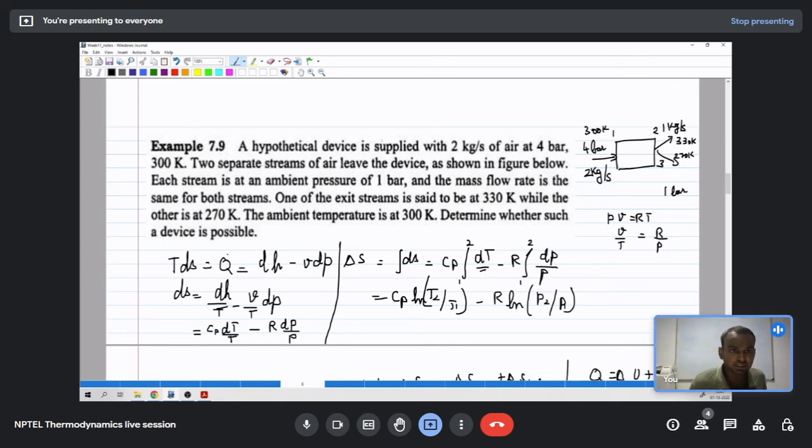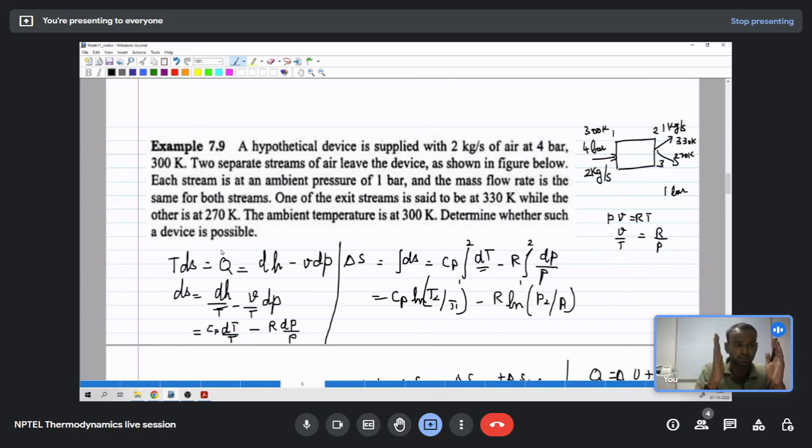Yes. So when there is a flow process, so here the system has a flow of air, right? So whenever there is a flow of air, we will take a control volume. So this system, we say a control volume, some air comes in and goes out. We are not worried about the exact mass of air that has come in and gone out.